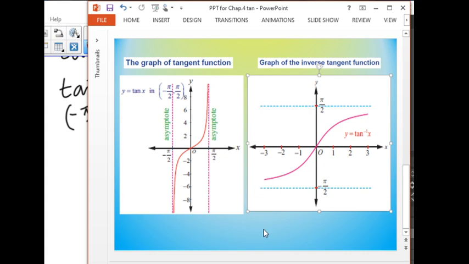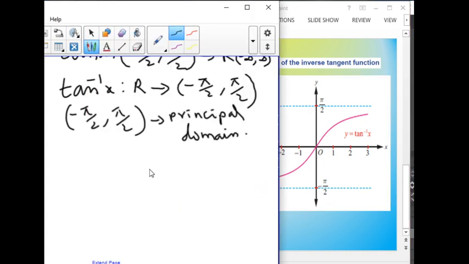See here, what are asymptotes? The lines x is equal to 2n plus 1 into pi by 2, n belongs to Z, are called vertical asymptotes as well as horizontal asymptotes. What are asymptotes?